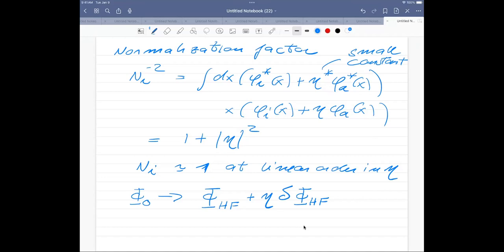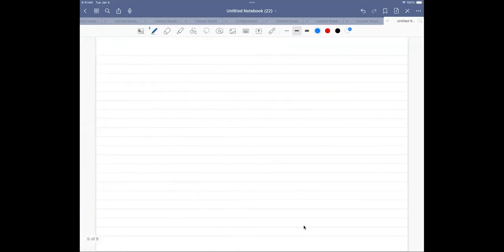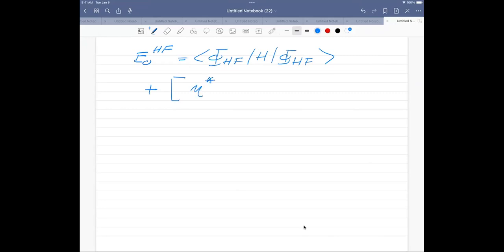So what I'm going to calculate then is the energy of the system. And that means that when I now set up the expectation value of the energy, the E0 Hartree-Fock is now going to be given by the phi Hartree-Fock. So this is my ansatz for the ground state of phi Hartree-Fock. But now I need to be a little bit careful because I have this delta term. So I have a plus, and then I have a term here, which goes like the complex eta. So eta can be a complex constant.